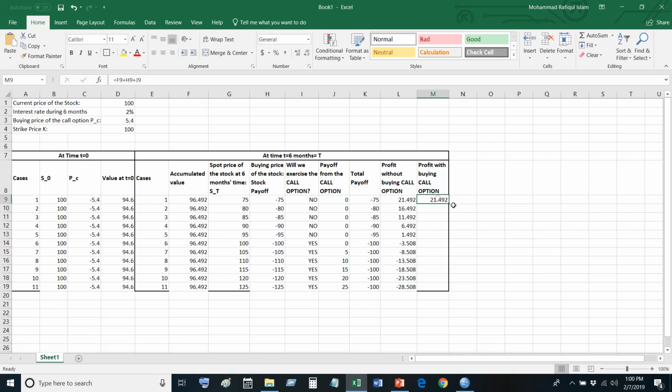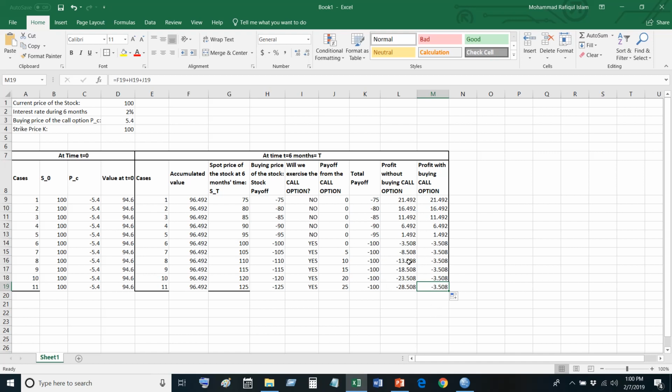You can see when the stock price is less than the strike price, we are in profit. But when the spot price is above the strike price, we are still in loss, but the amount of loss is less than what we had previously.